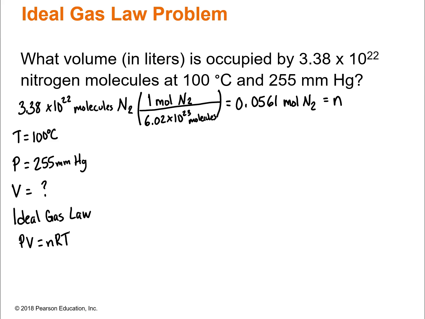Does everybody understand how we got there? You may not be given moles exactly, but you may have information to get there. I could also give you the number of grams of a substance along with pressure and temperature and ask for a volume, and you'd use molar mass to figure out how many moles. So all of those things are fair game.